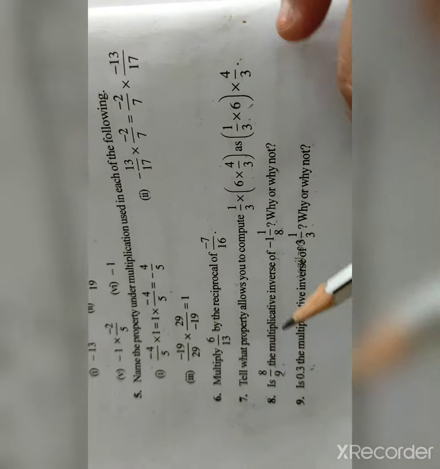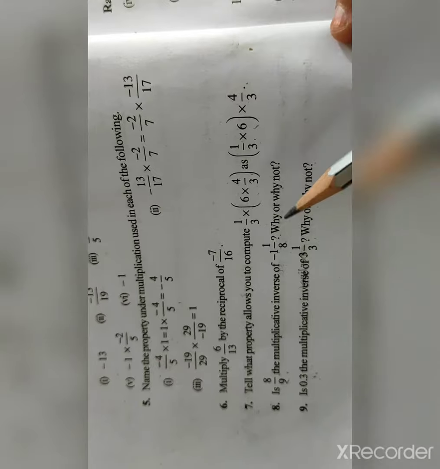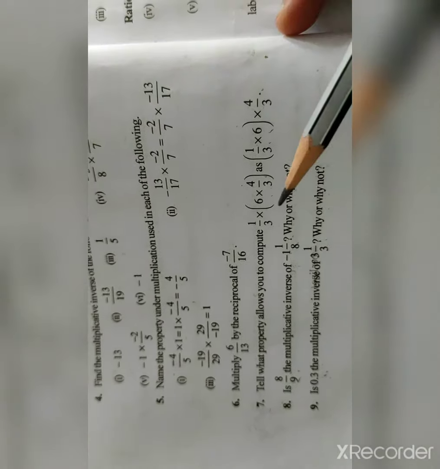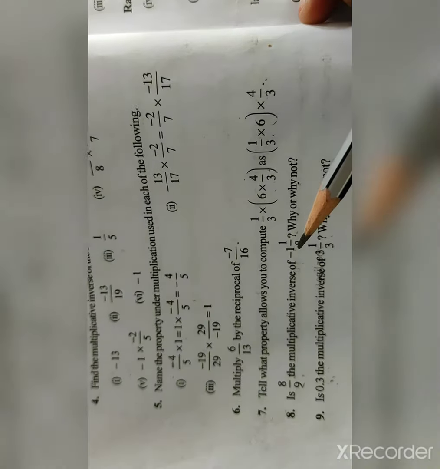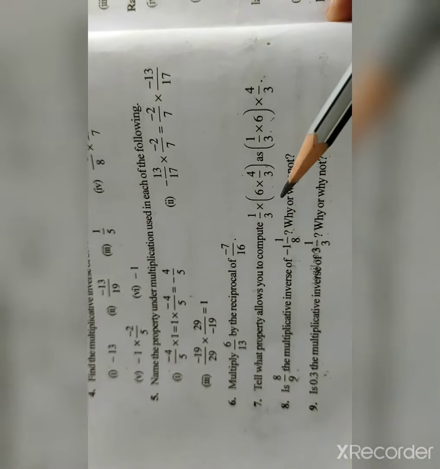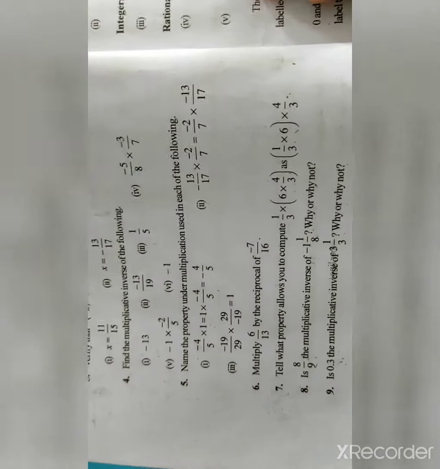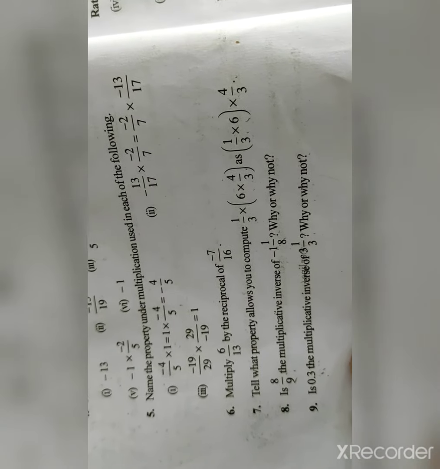Now question number 8. Is 8 upon 9 the multiplicative inverse of minus 1 integer 1 upon 8? Why or why not? First you will write minus 1 integer 1 upon 8 is equal to 8 ones are 8, 8 and 1 is 9, minus 9 upon 8. And then write the reciprocal of minus 9 upon 8 is minus 8 upon 9.